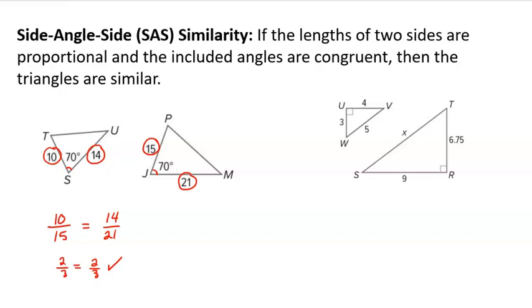And then looking at this one, we have our included angle is that 90 degrees, but not all right triangles are similar, so be careful when you see those diagrams that are asking you about whether they're similar or not. And so we've got to test these two sides here that make up that right triangle.